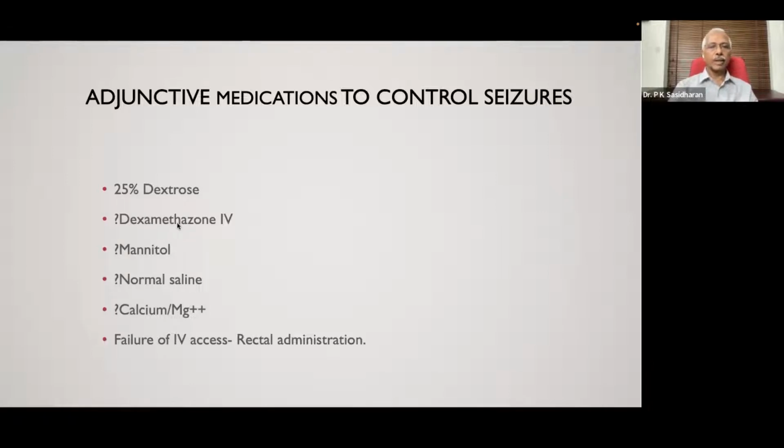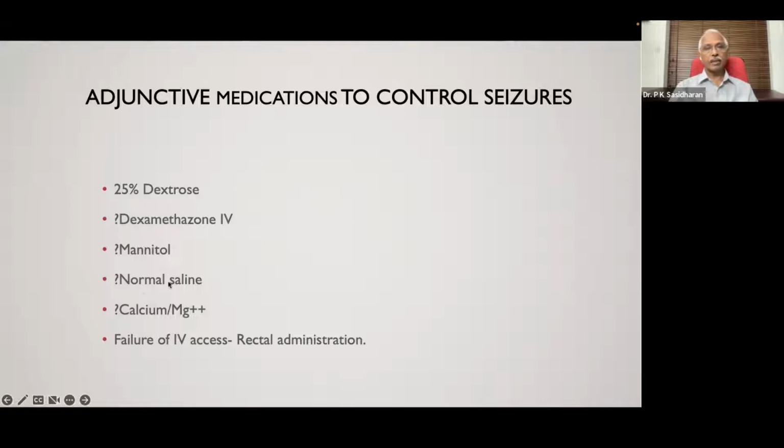Another medicine which can be thought of is dexamethasone, because sometimes brain edema may be the cause for recurrence of seizure. So giving 1 dose of dexamethasone might reduce the brain edema, and it might be helpful sometimes. And if you're sure there is raised intracranial tension, give mannitol once.